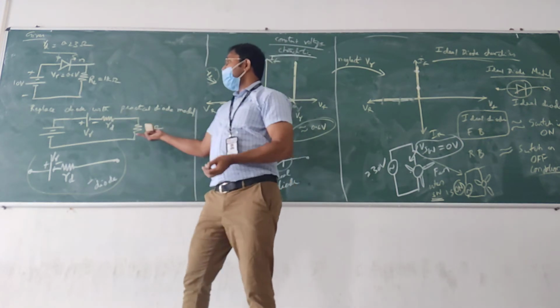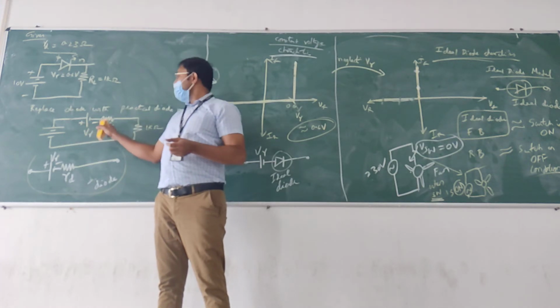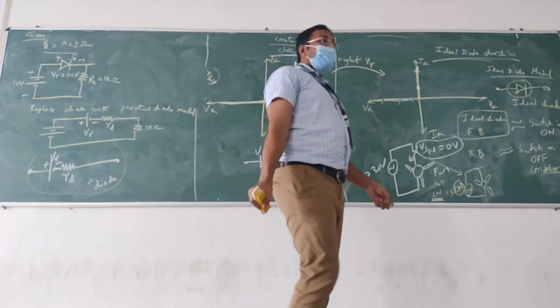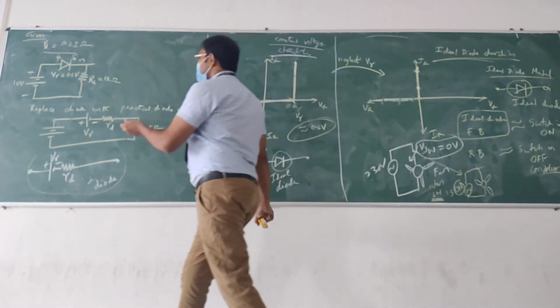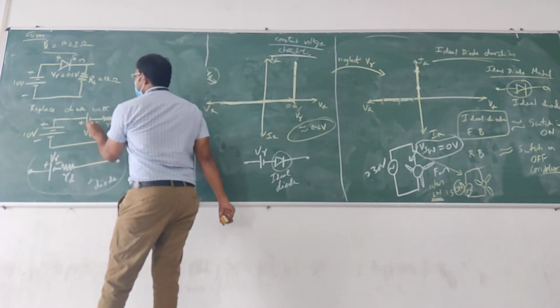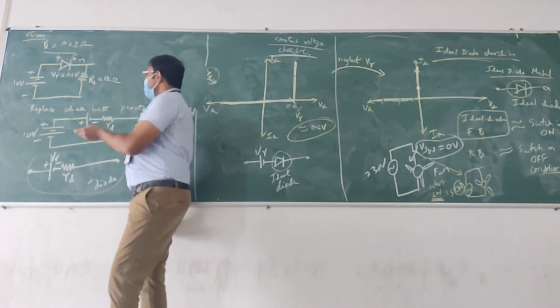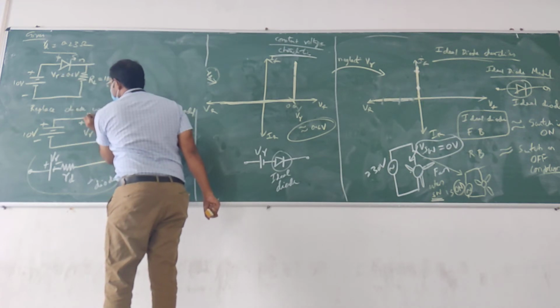Fine. Now you know how to handle the battery and how to handle resistors. You apply KVL, find the currents, and find the voltages as per the question. So this is 10 volt. What value should we write here? 0.6 is given in the question, so 0.6 volt.